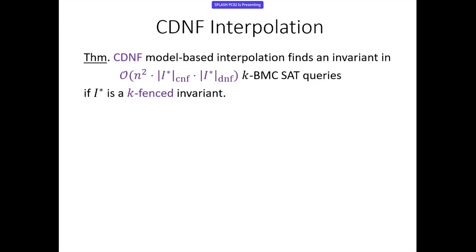But notice that there is no condition here about I star being monotone or close to monotone or anything of this sort. Under the same condition about reachability as before, we are able to obtain efficient invariant inference for the target invariant I star, as long as it has both polynomial size CNF and DNF representations.